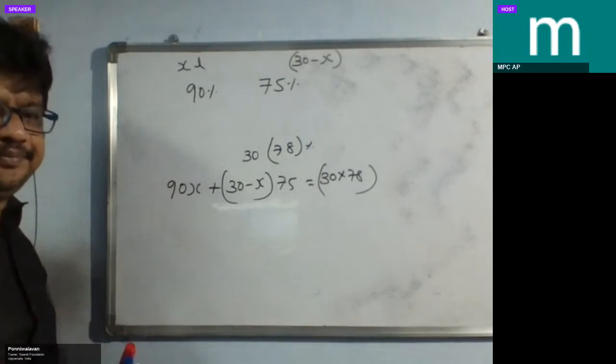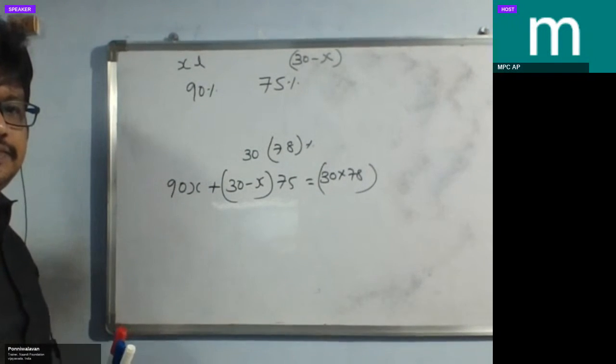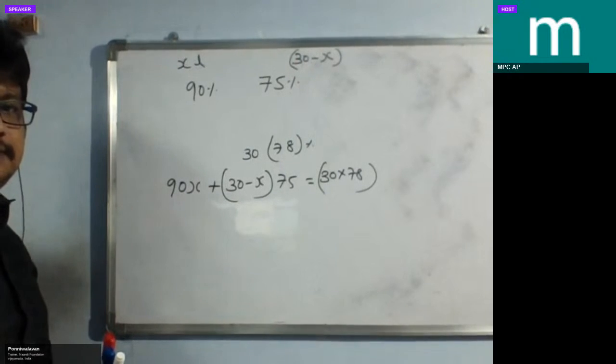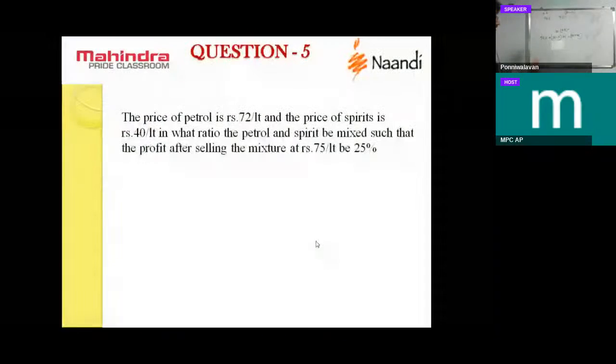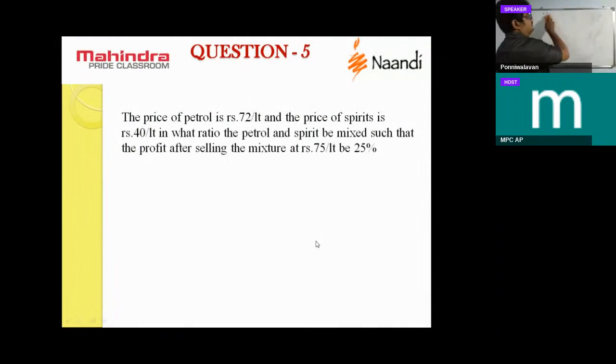Okay. Note this question fast. The price of the petrol is 72 per liter and the price of the spirit is 40 per liter.